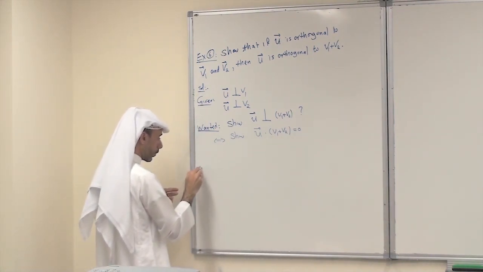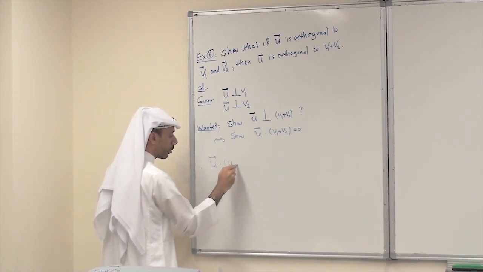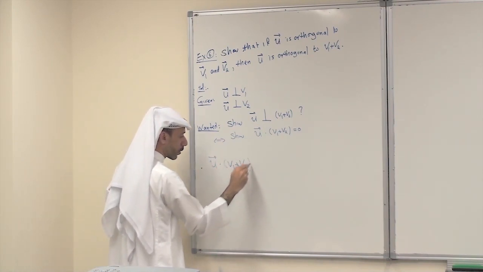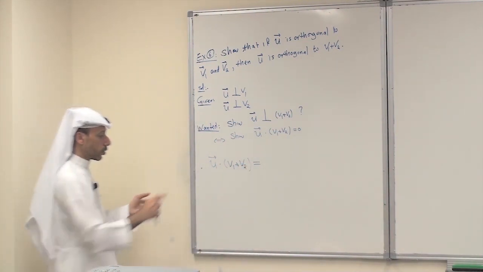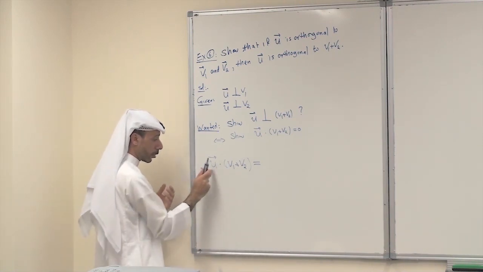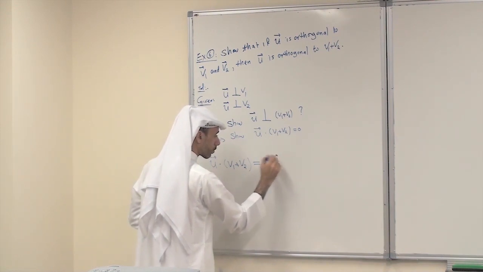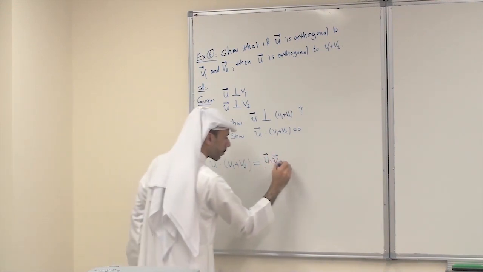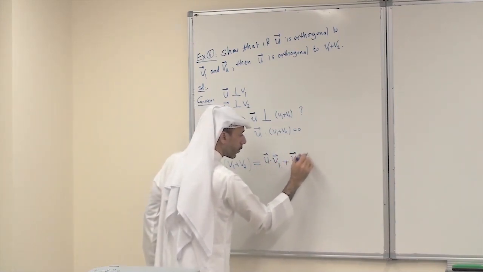Now here, U dot (V1 plus V2). Using the properties of the dot product, you can just multiply, just like multiplying polynomials or numbers: U dot V1 plus U dot V2.